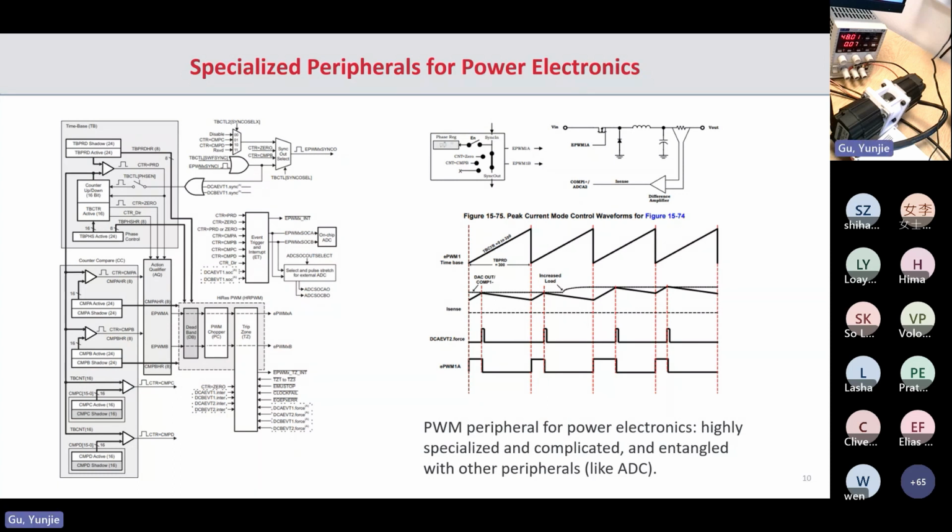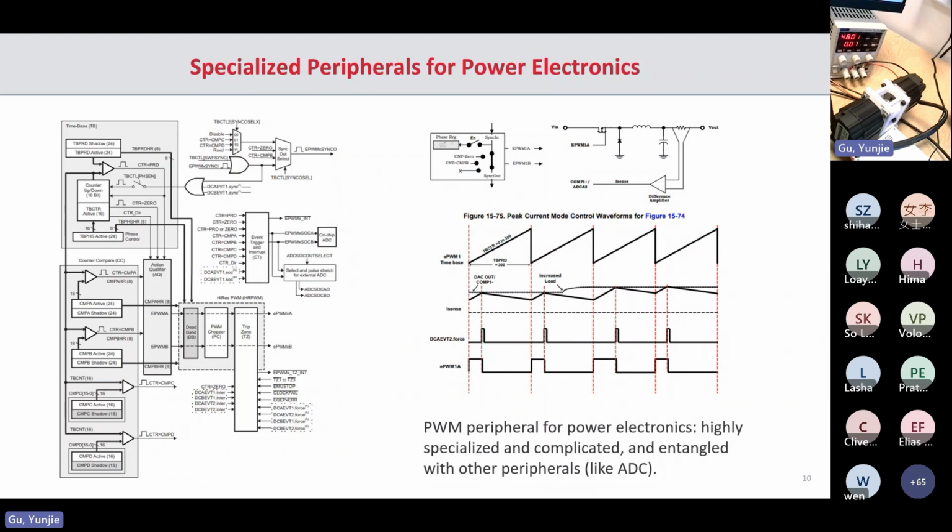But for power electronics, the peripherals, the devices for the power electronic-based MCUs, are quite specialized. In this slide, I just show the PWM peripheral, and we see that it is actually a quite complicated system.